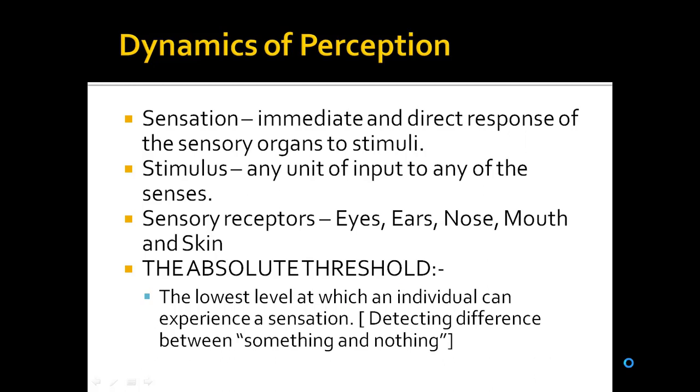Now let's talk about the absolute threshold. The absolute threshold is the place where you start feeling or having the sensation, or you start feeling the difference between two different intensities of the same stimuli. The lowest level at which an individual can experience a sensation is known as the absolute threshold. It is like detecting the difference between something and nothing.